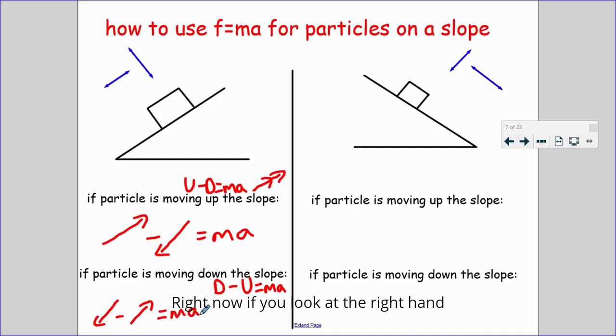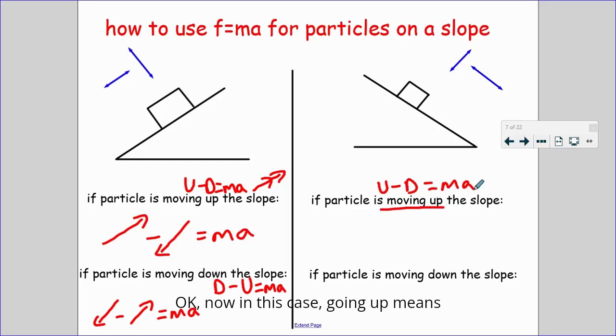Right, now, if you look at the right-hand side, it's the same thing. We've just inverted the slope. Okay, the slope is just opposite reflected. But again, same concept. Moving up means up minus down equals ma. Okay, now in this case, going up means like that, right?